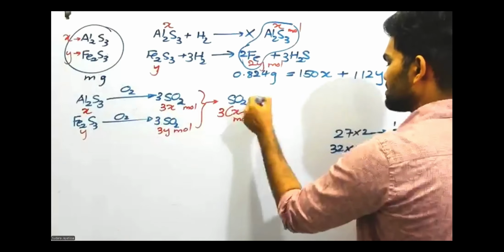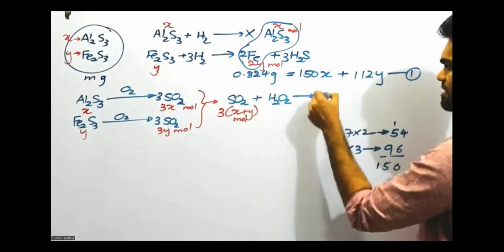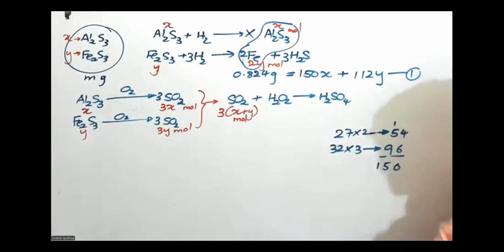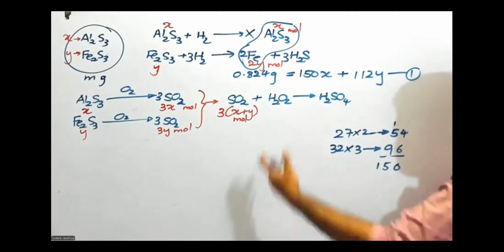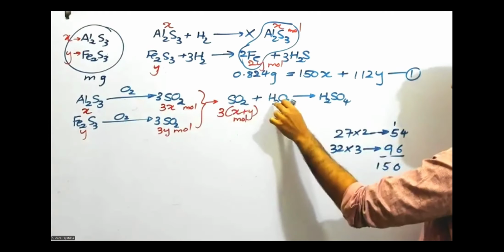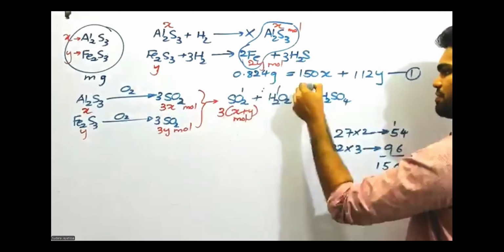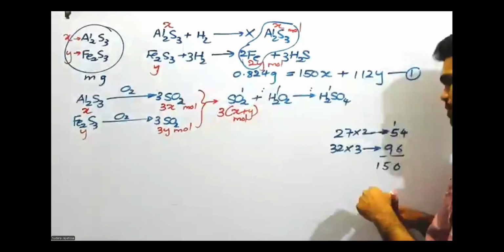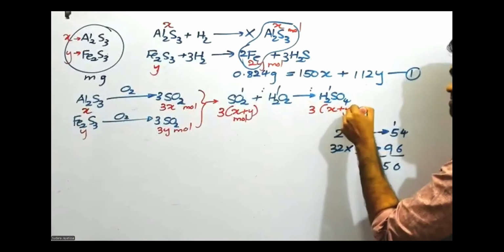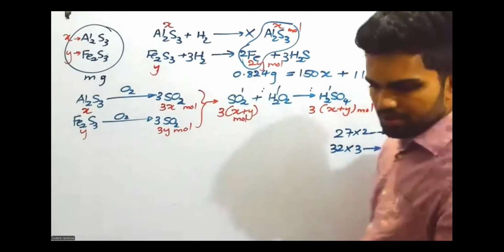Since the only product is H2SO4, no other product, it's actually already balanced: 1 sulfur, 4 oxygen, and 2 hydrogen. So 1 SO2 reacts with 1 H2O2 to give 1 H2SO4. So moles of sulfuric acid is also 3 times (x plus y). Okay, now the next part.